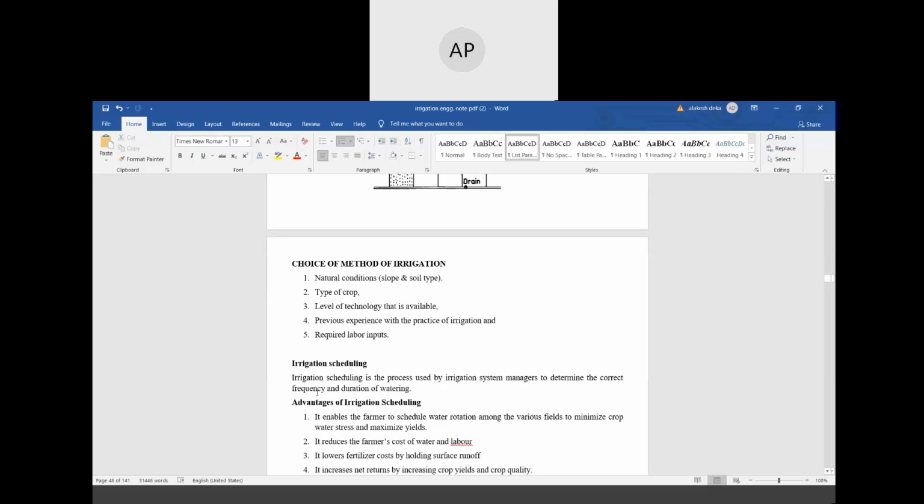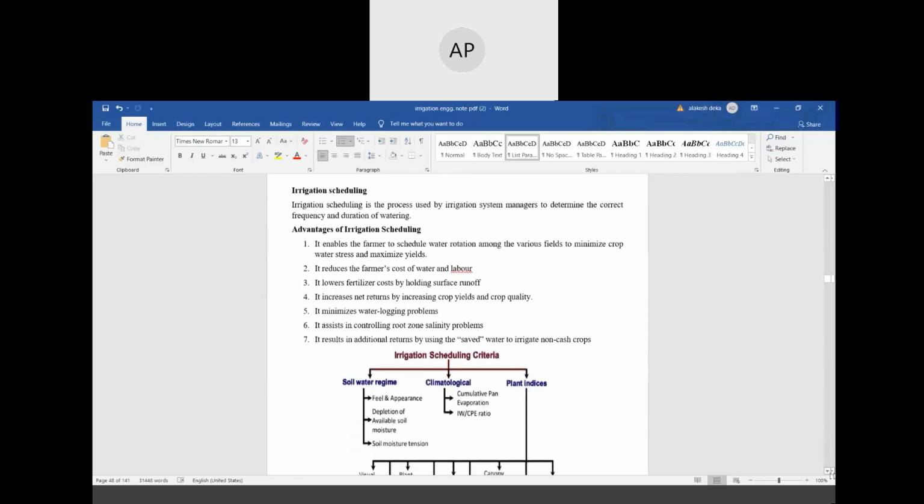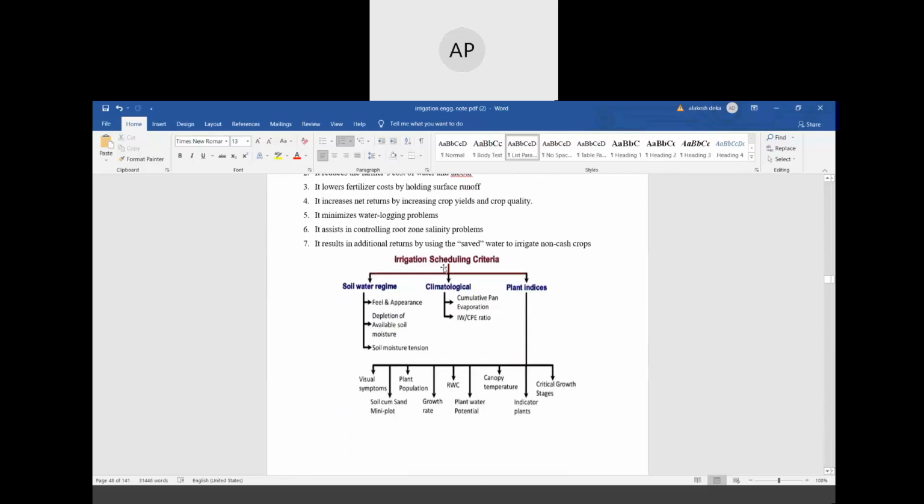Irrigation scheduling is the process used by irrigation system managers to determine the correct frequency of irrigation.